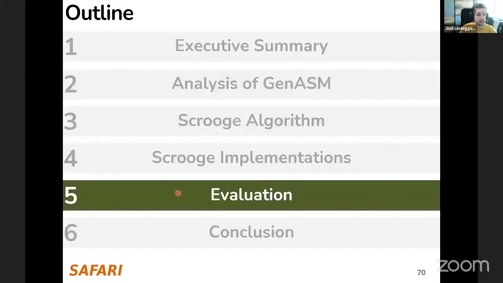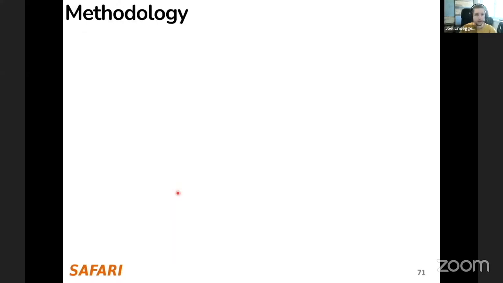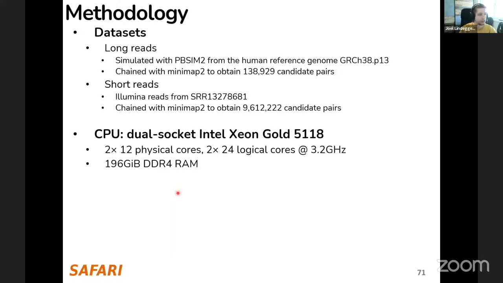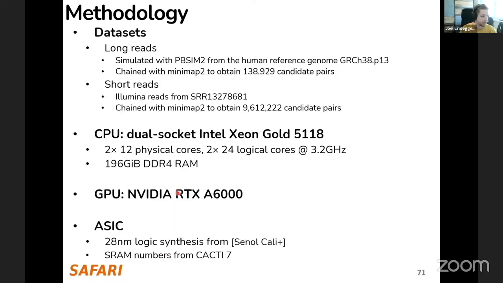And of course, we evaluate our implementations quite comprehensively. So we simulate some long reads, we get real short read data, and we evaluate on these recent CPU and GPU architectures, and we also do an ASIC evaluation based on prior logic synthesis.